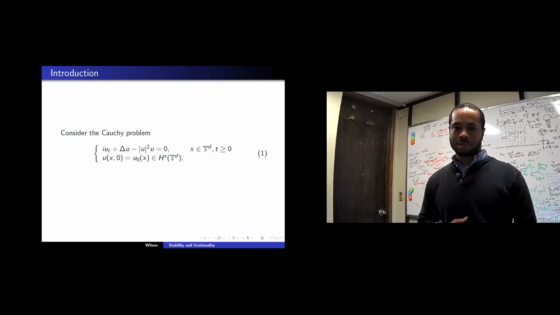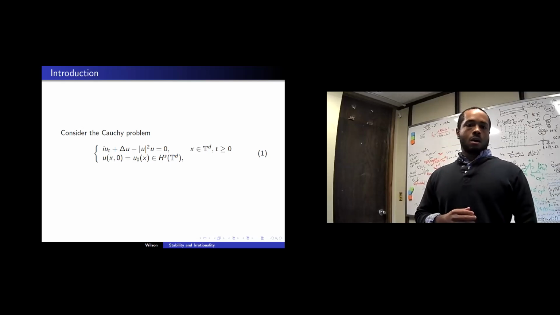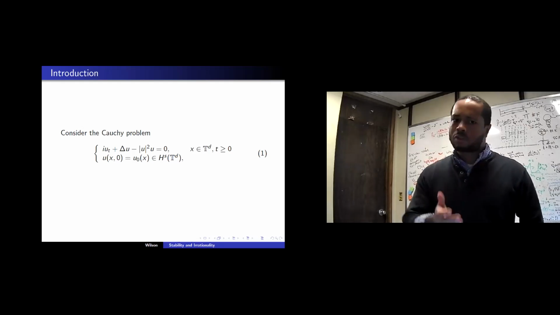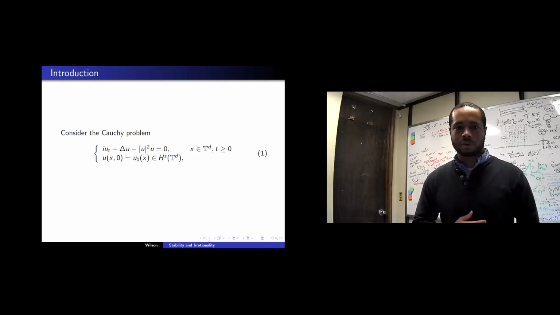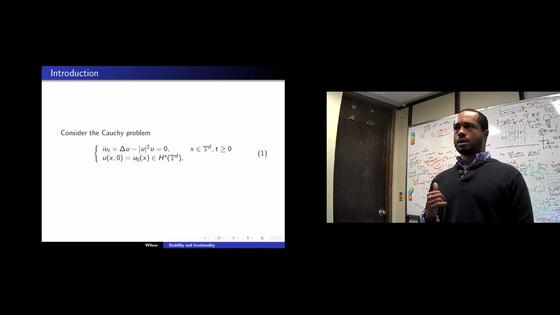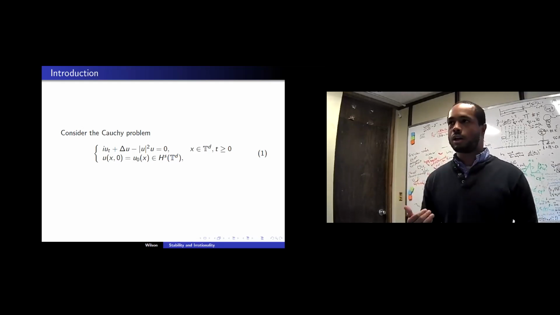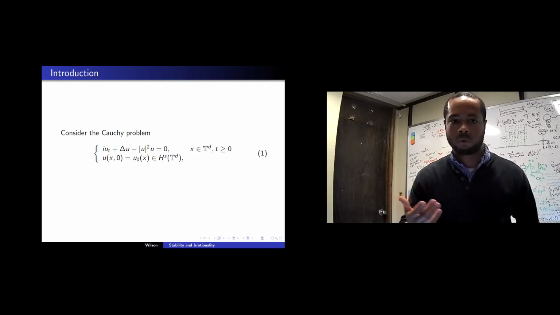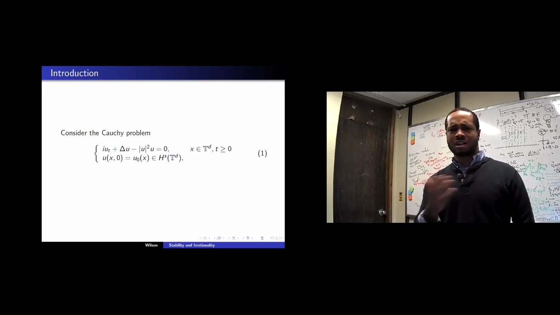But we'll describe this in detail later. I should also note that we're considering the defocusing equation for the purposes of the dynamical systems questions that we're asking, which we'll discuss in this lecture.